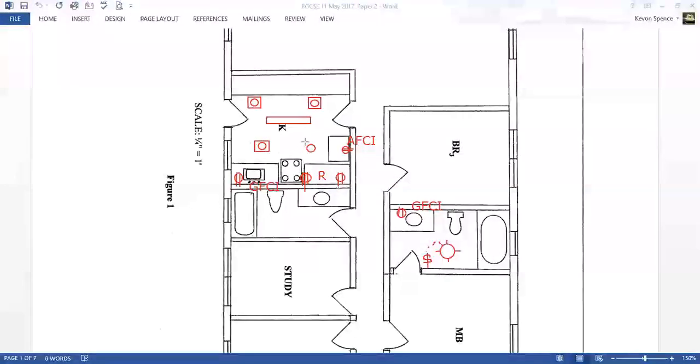They are inside or recessed in the ceiling.